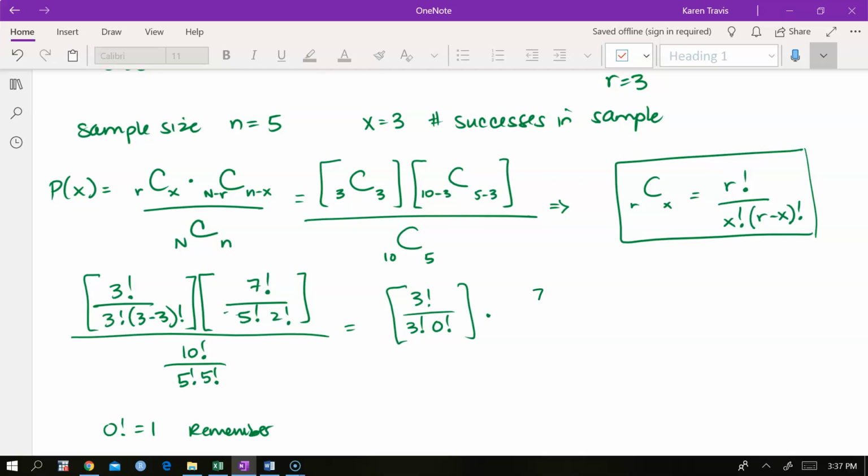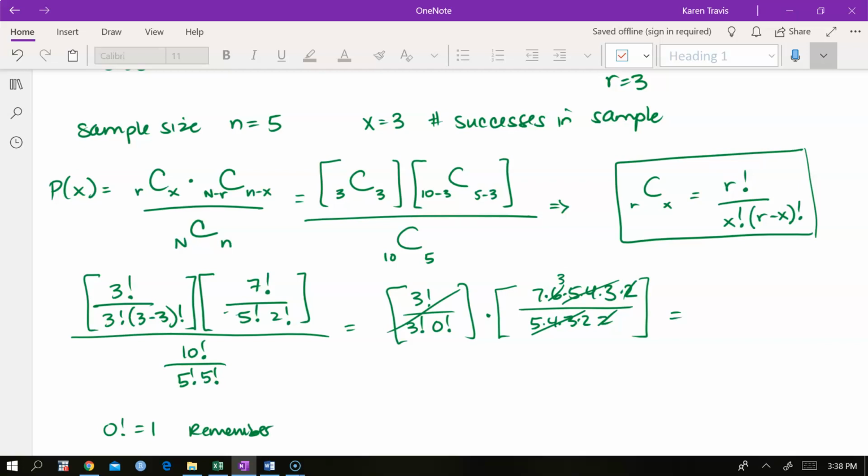The second one is going to be 7 times 6 times 5. I'm going to write these out, but you could work them out in your calculator. And so what our numerator should turn into is 1 times 21, let's see, 5 times 4, this becomes a 3.